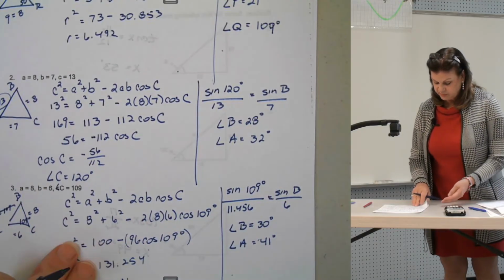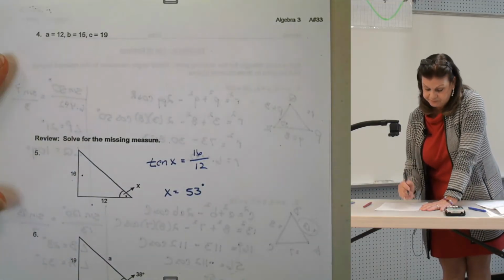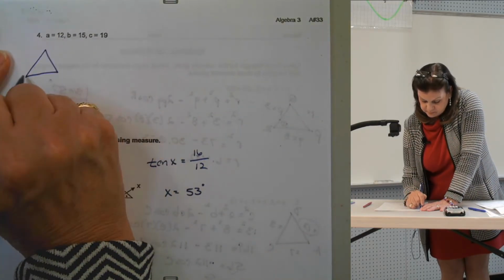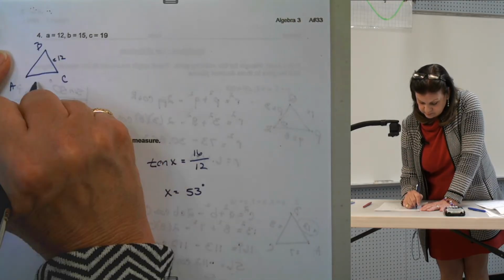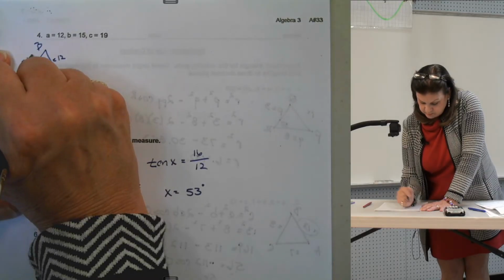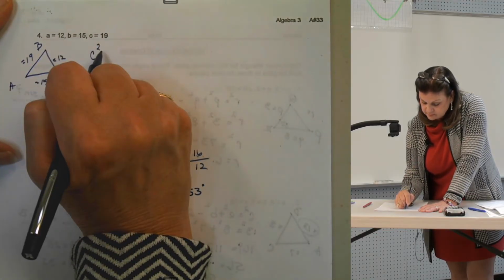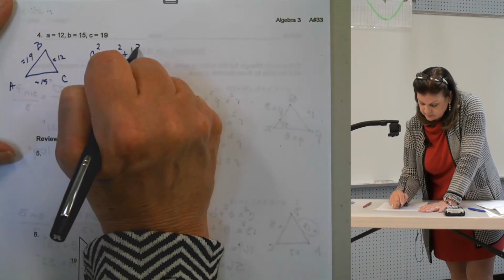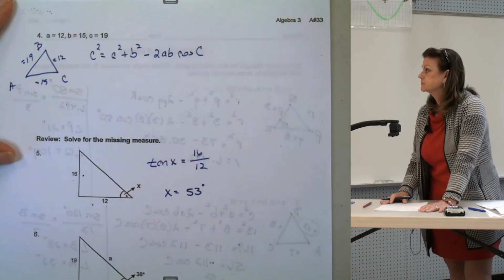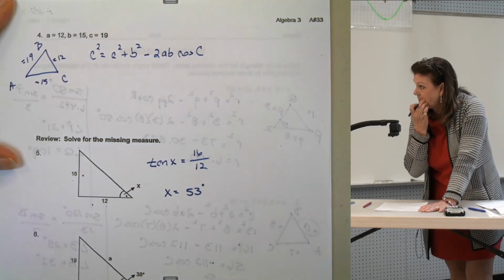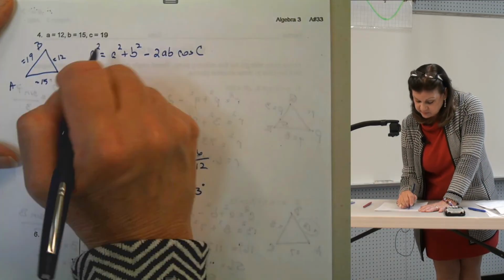Okay, let's go look at problem 4. Same type of problem. Same logic as before. If C is the longest side, it's going to be the largest angle.